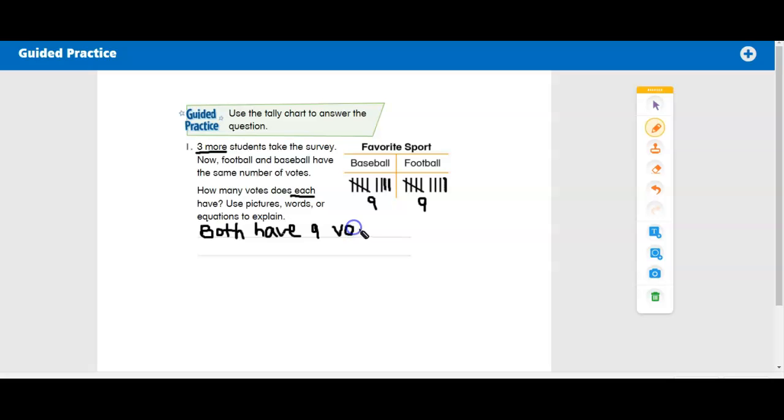And if you would like to draw a picture or an equation to show your work, that's okay too. But if you would like to use the words, we can just say this, that both have 9 votes.